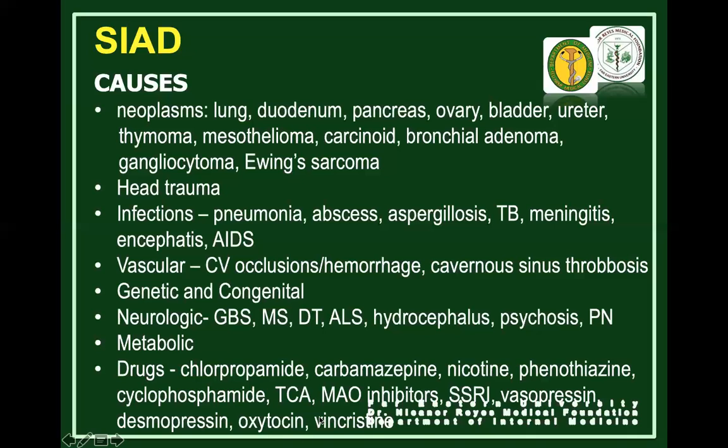So these are the possible causes. When we label that the patient has SIAD, you have to make sure that you go over the list of the possible causes. The reason is you have to treat the primary cause of the SIADH to correct the SIAD.